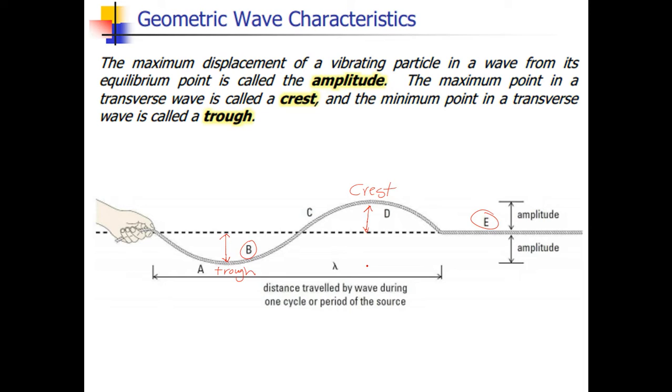Now, you can see here that through one cycle, the wave travels through a trough, through a crest, and then back to the equilibrium point. So this would be considered a wavelength. From this point here to this point here is one wavelength, and it's denoted by the Greek symbol lambda.